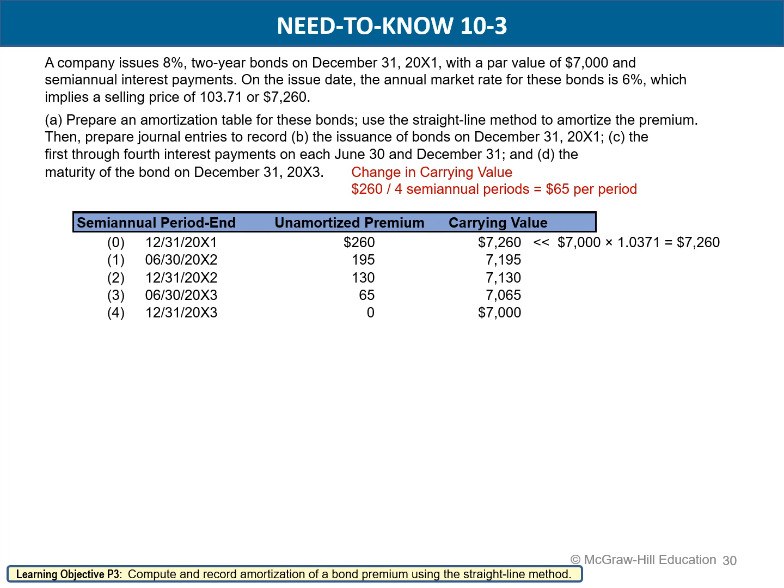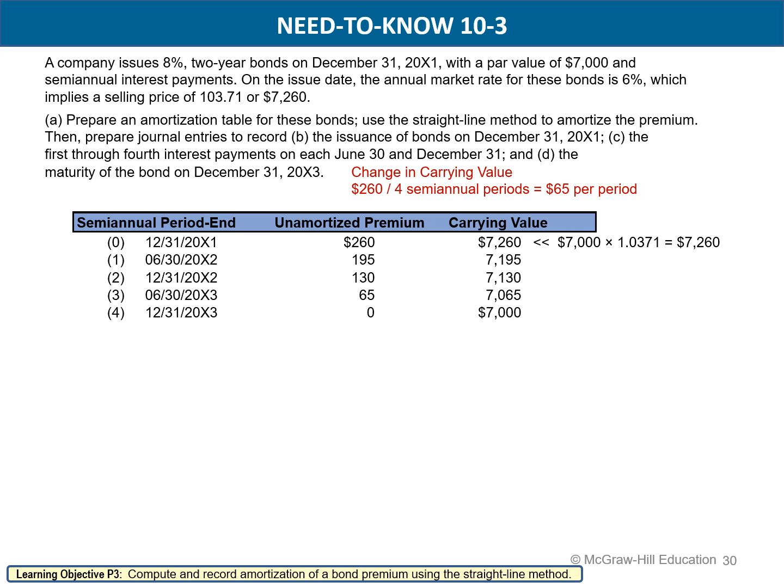You have your change in the carrying value, which is the difference between the par value of $7,000 and the selling price of $7,260. So you have $260 divided by 4 semi-annual periods for $65 per period. So as you are amortizing your premium, your carrying value is decreasing to the par. You start at $260 of unamortized premium and a carrying value of $7,260.